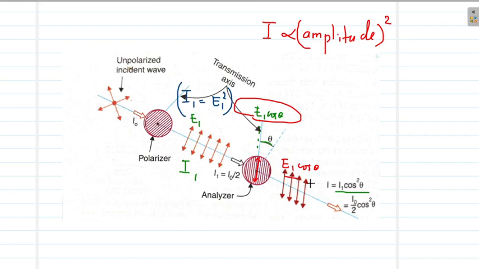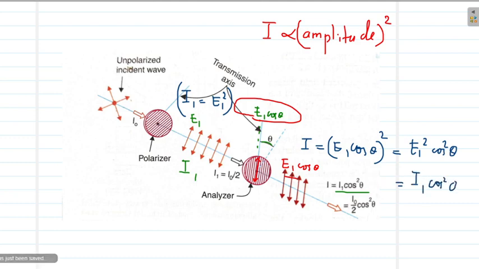Now here, what will be the intensity of the transmitted ray? It will be I is equal to E1 cos theta the whole square, which is equal to E1 square multiplied by cos square theta. And since E1 square is I1, I can write I1 cos square theta. So this is the Malus law.